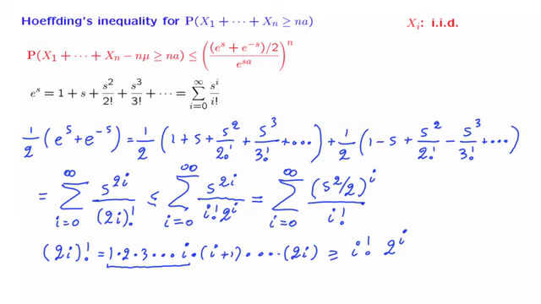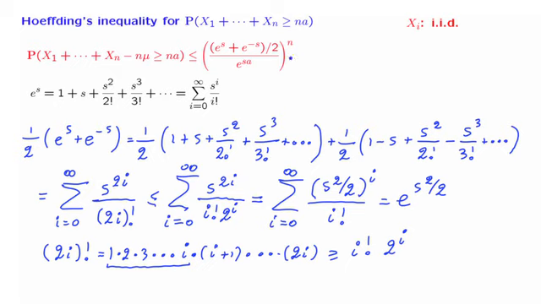Now, does this expression look familiar? It is of exactly the same form as this expansion, but instead of s, we now have s squared over 2. Therefore, this is equal to e to the s squared over 2. So we managed to bound this term.